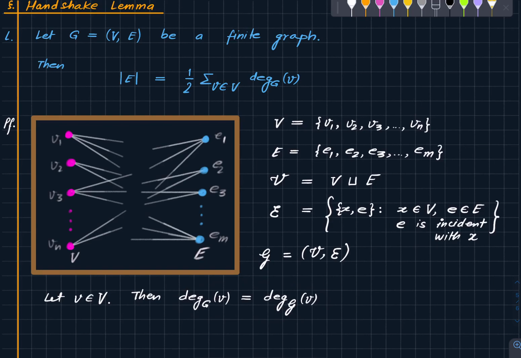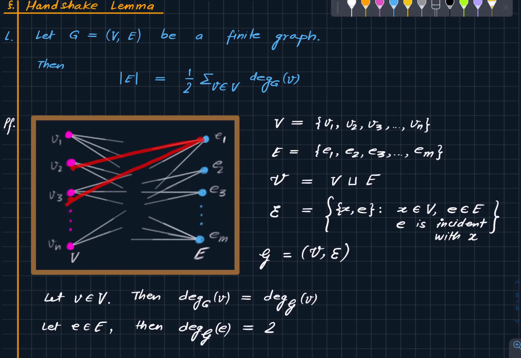Okay, what about the degree of any edge in this new graph? So if E is in the set capital E, then what is the degree of E in our new fancy graph, fancy G? This is 2. Because if you have an edge, let's say E1, it is incident with which vertices in this new graph?